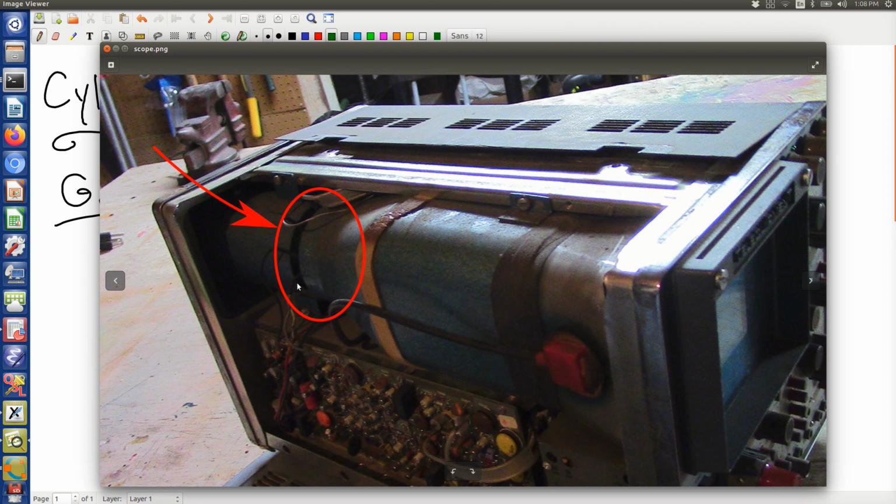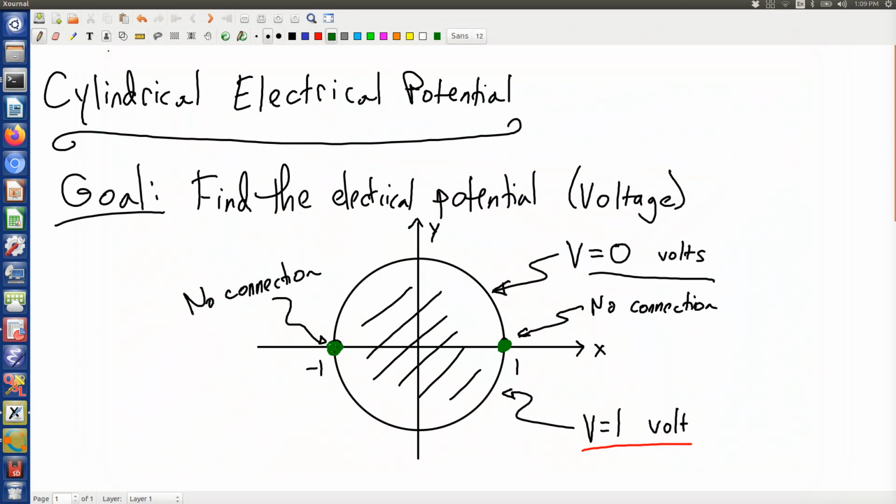Right where I've circled in red here is where this particular equation that we're going to solve lives. There's some electrodes there that do the beam steering. So that's a very practical, very realistic application. And so if we can solve this, we can have an idea of how such a device might function, and perhaps use this information to help design it.